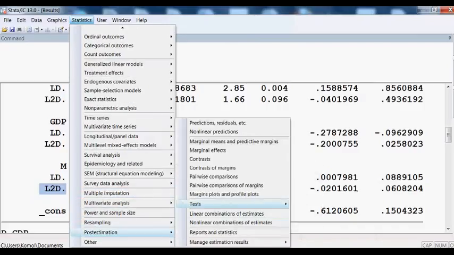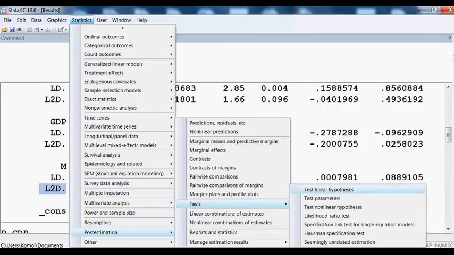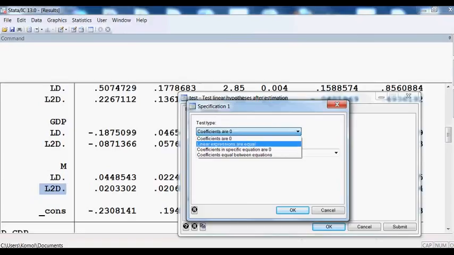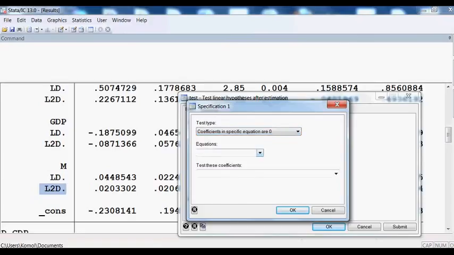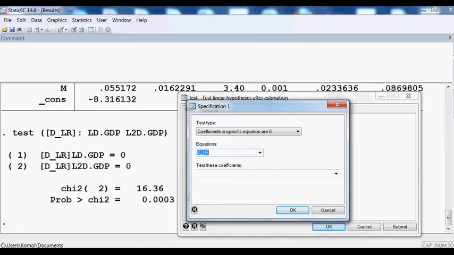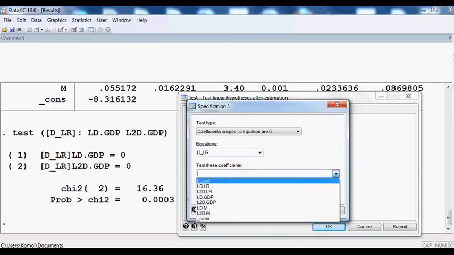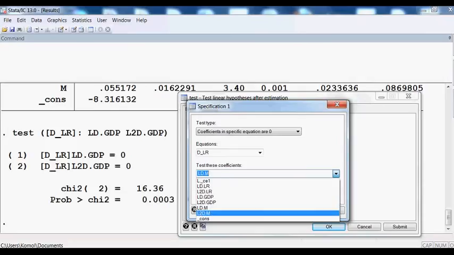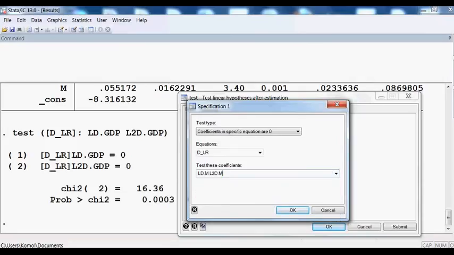Post estimation, I go to test linear hypothesis, then I choose the reset our specification, create. As before, I choose this one, and the equation is DLR, and this time we want to check whether money supply, that means lag 1 of money supply and lag 2 of money supply, are equal to 0 or not.